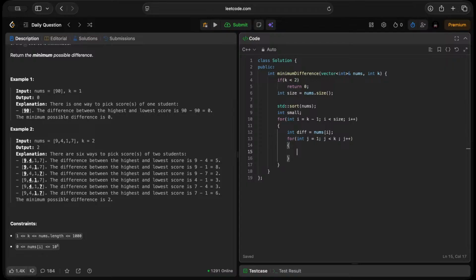Right. So now we just do diff minus equals nums of i minus j.